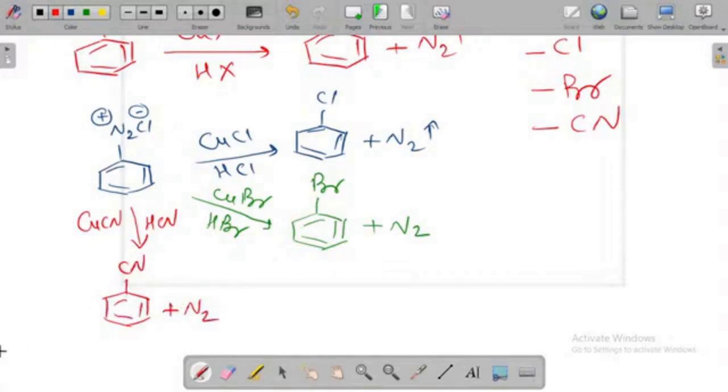This is the Sandmeyer reaction. Got it? Preparation of chlorobenzene, bromobenzene and cyanobenzene.